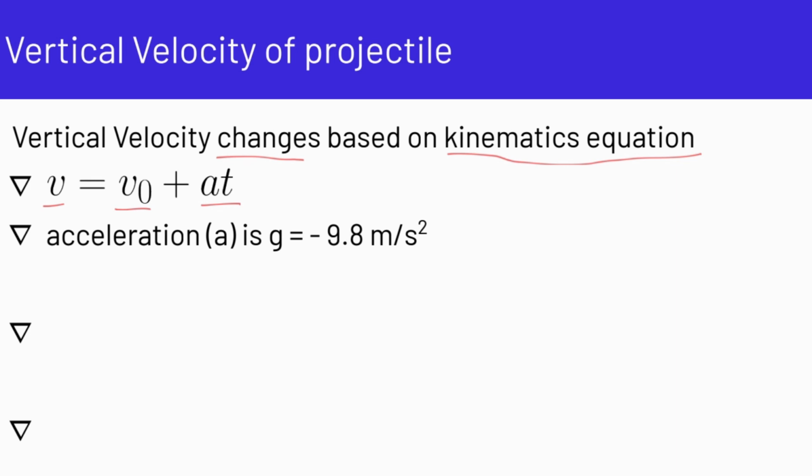The acceleration, a, in this equation is going to equal g, which is the constant, negative 9.8 meters per second squared. This g is caused by gravity, and it causes everything to move towards the center of the earth. So any projectile is being pulled towards the ground, towards the center of earth at this rate, negative 9.8 meters per second squared.